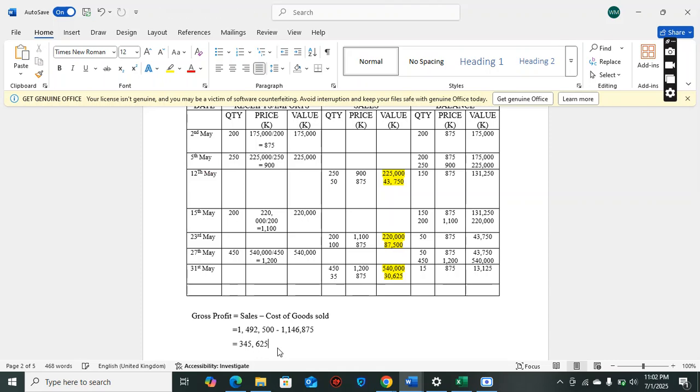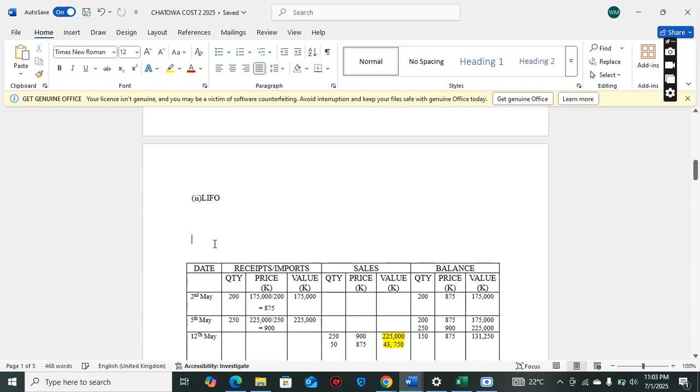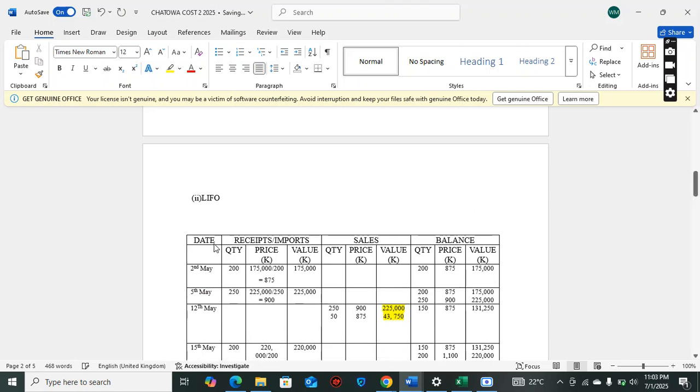Okay, so there's an important point I need you to notice in this question. The price of the solar panels was increasing.